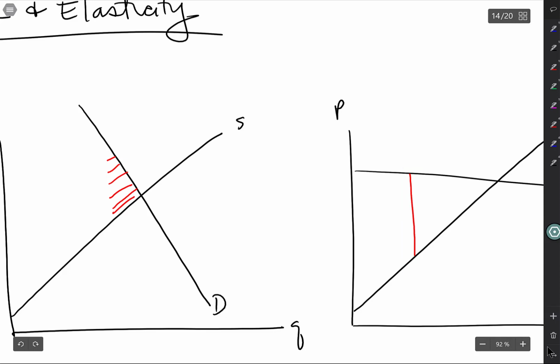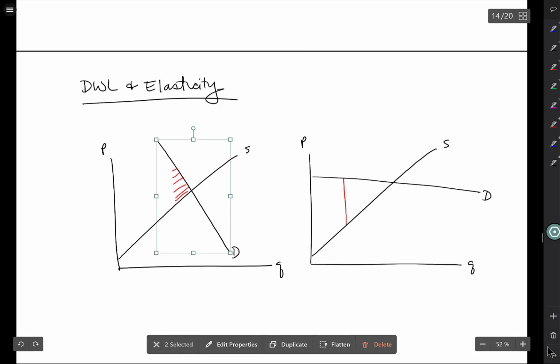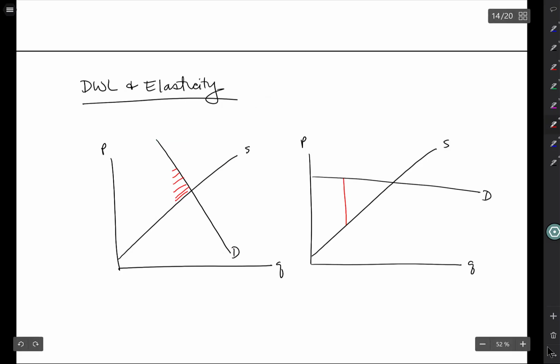It's the very same tax. I literally grabbed it and put it over here, just to make sure it's the same size. Looks like it's here. Okay.